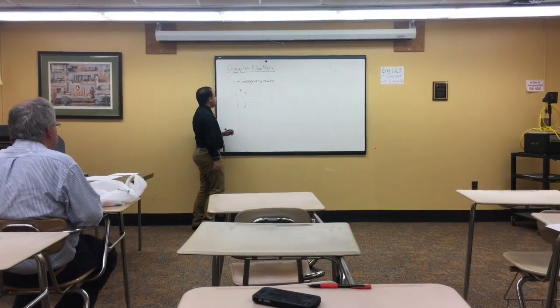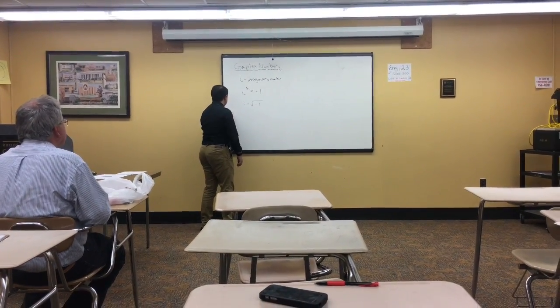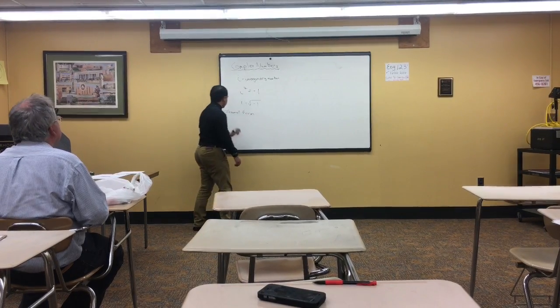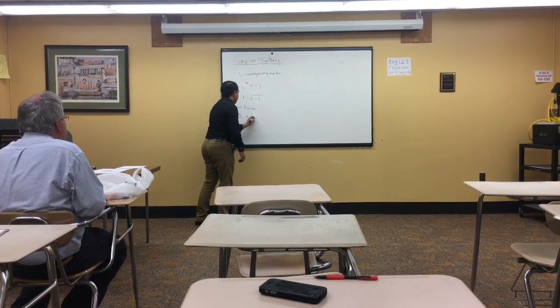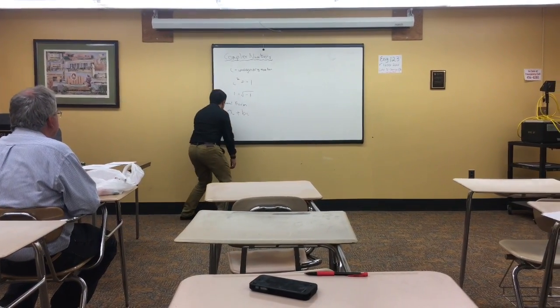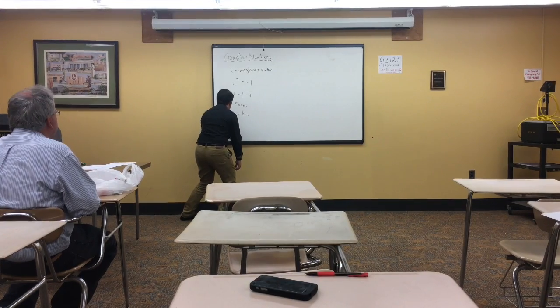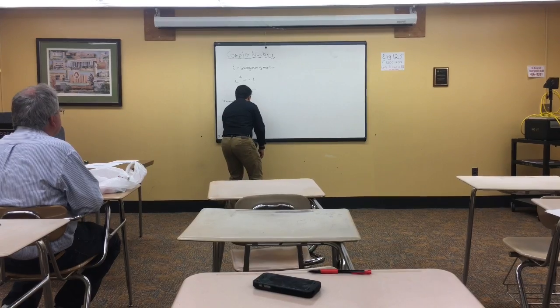So our general form for complex numbers is a plus b times our imaginary number i, where a and b are real numbers.